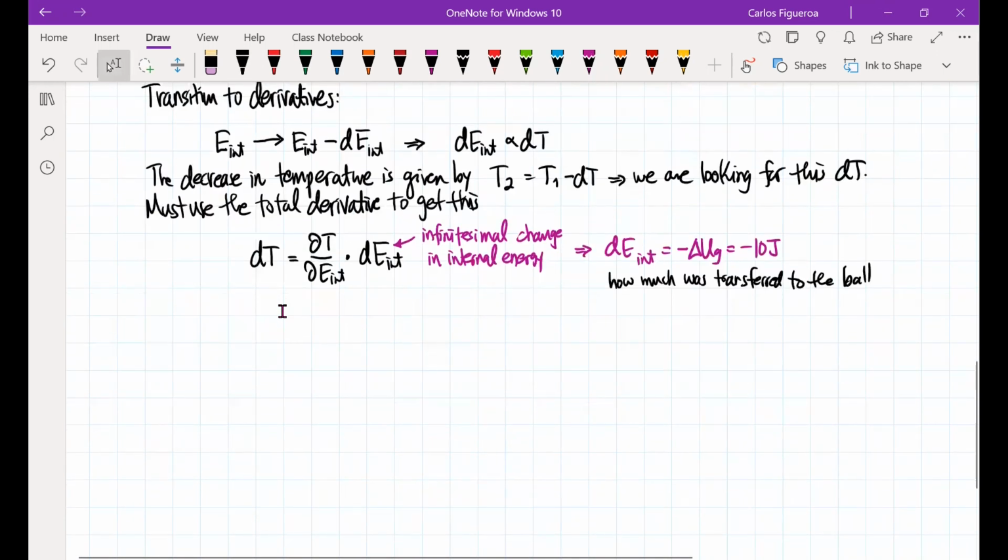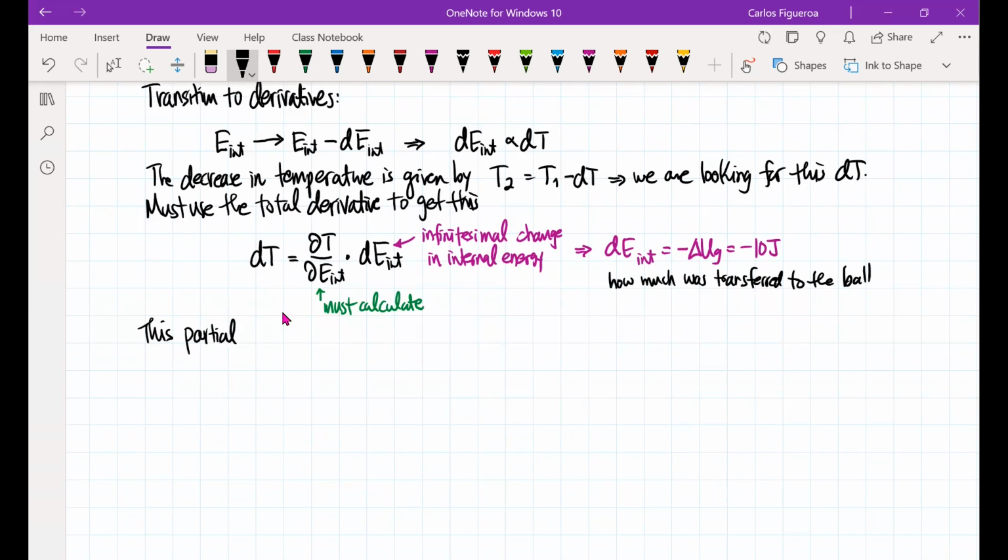So now I have to deal with this expression here. I've got to deal with that partial derivative. This guy is what we must calculate. But we know how to do that. This partial derivative is just the inverse of this, and I know what the internal energy is, right?